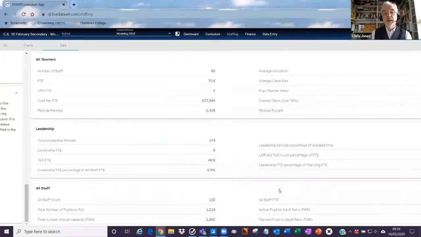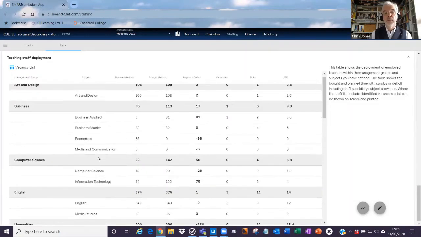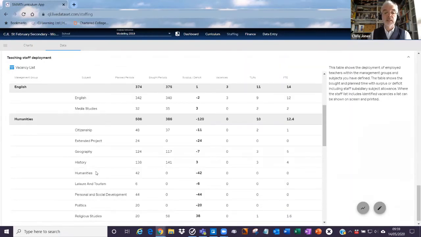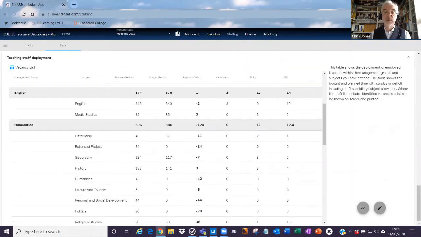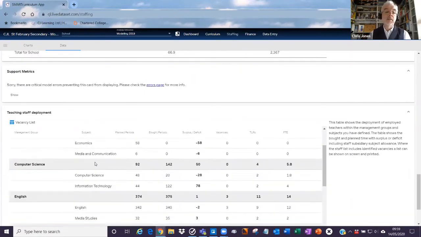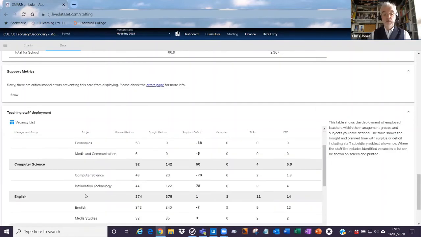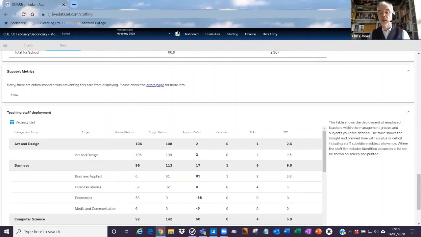We can now demonstrate the data at a granular level, and in this secondary sector we can see that we've shown the subjects, and in a primary sector we would do it quite differently. It may be that this is general teaching and we have the year groups down here, and then we separate out the subjects that are taught by other members of staff, maybe a specialist PE, maybe a specialist music teacher.